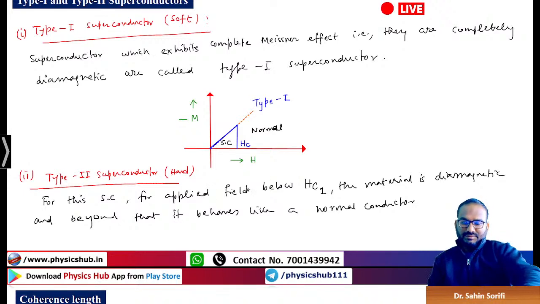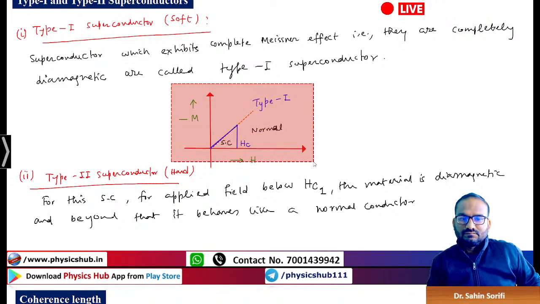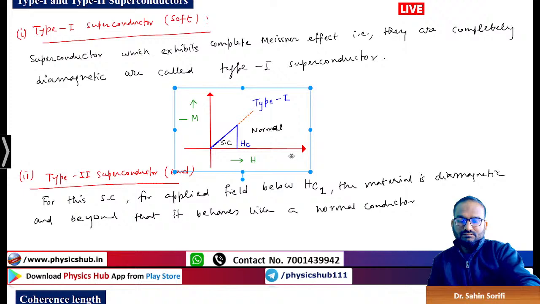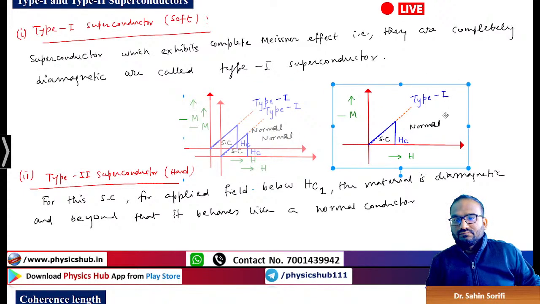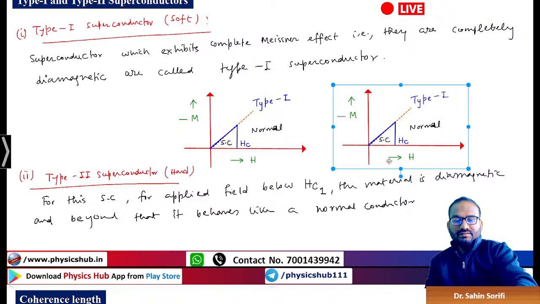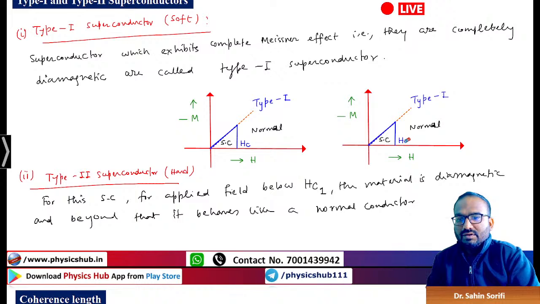Now for type 2, how do you get it? Same thing for type 2 will not be like this.